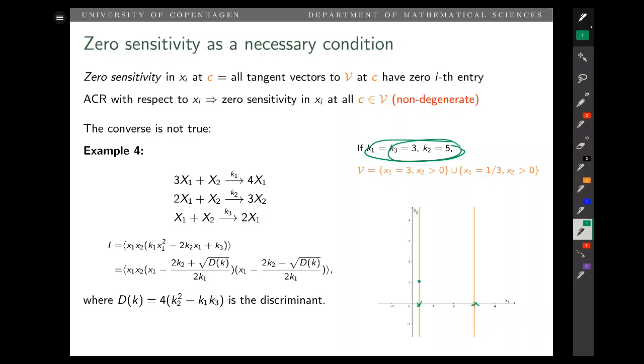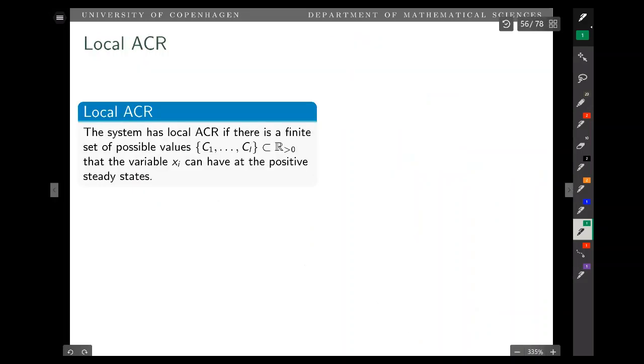I can have several lines, I can have several components, so my steady state variety can be made by several components. So this brings me to the definition of local ACR, which is something in between. It's not as local as 0 sensitivity, but it means the same thing as ACR in each of the irreducible components.